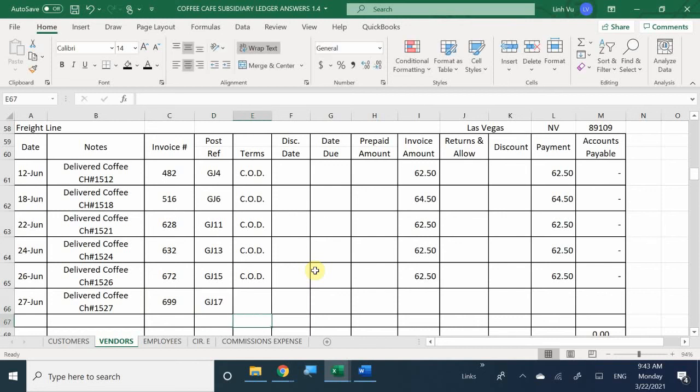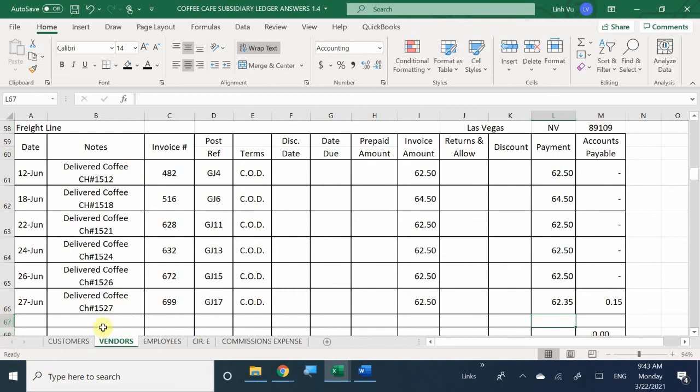All right, COD. Invoice amount was 6250 and we paid it in full, 6250. So therefore, boom, we do not owe anything. But this is a good track record, just in case our check doesn't go through, we know where to find it.